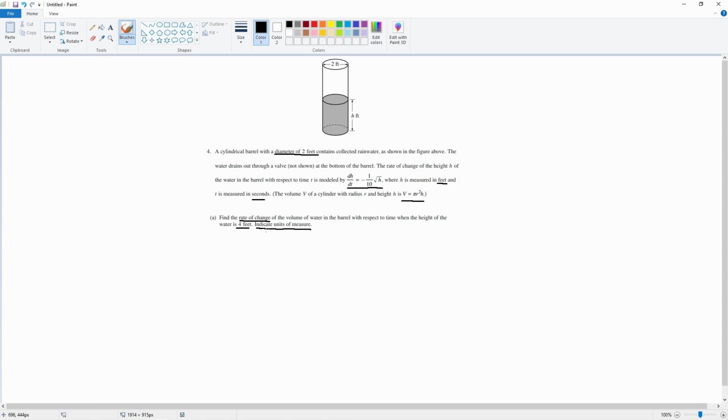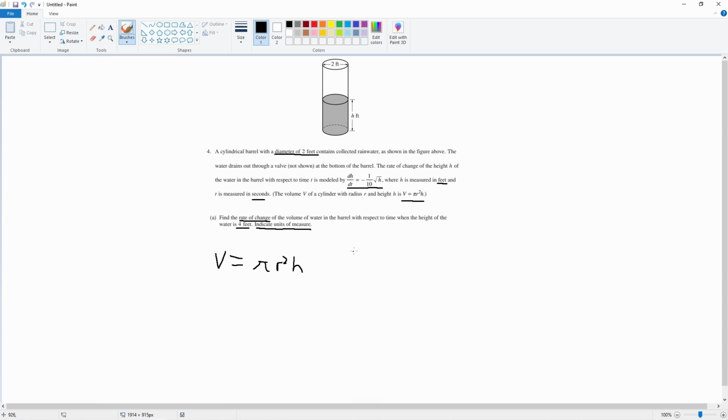What stands out in this problem is that when it says find the rate of change when the height is 4 feet, I immediately know it's related rates, because we're just finding the rate of change at this specific time. So I'm going to put out a formula: V equals pi r squared h, the volume of the cylinder.